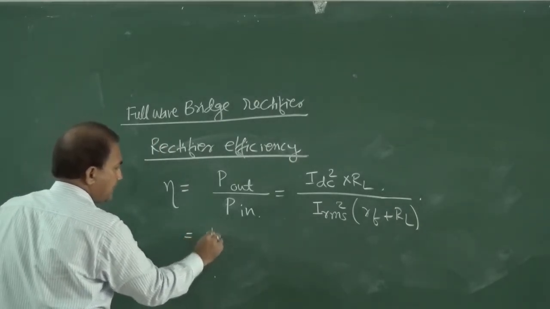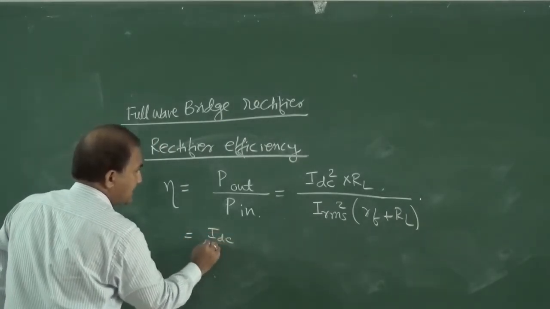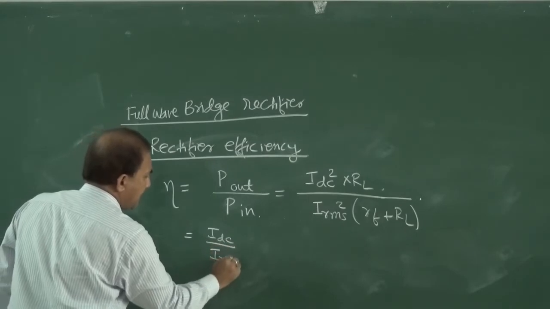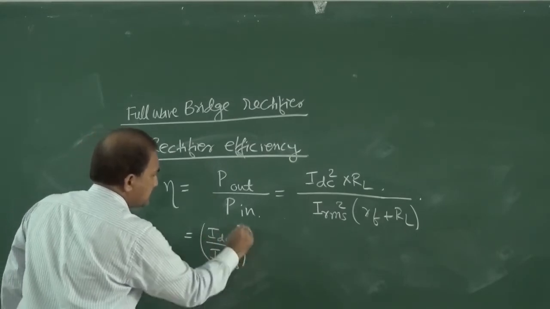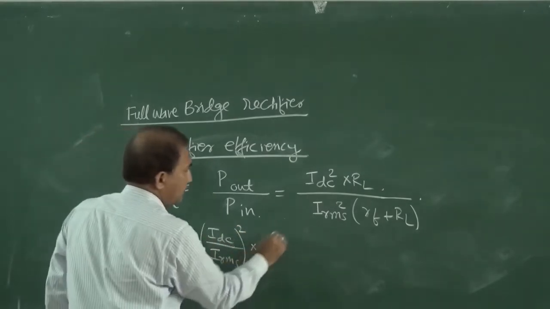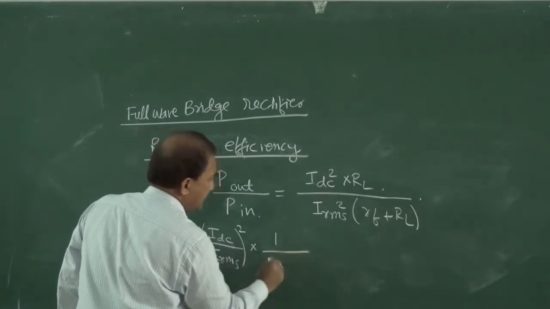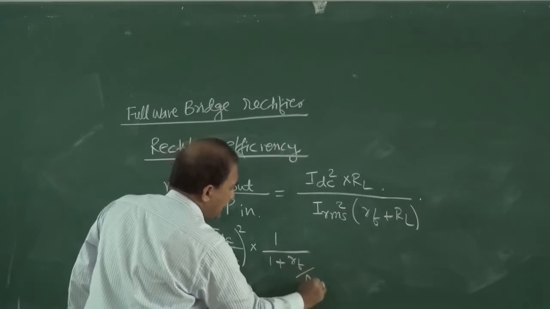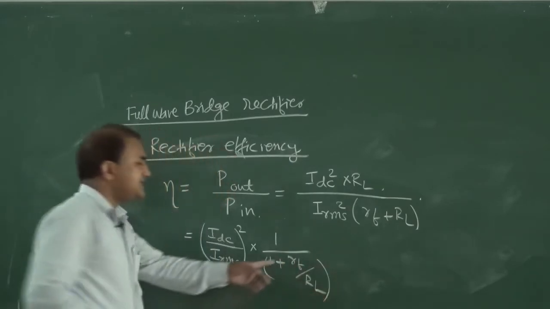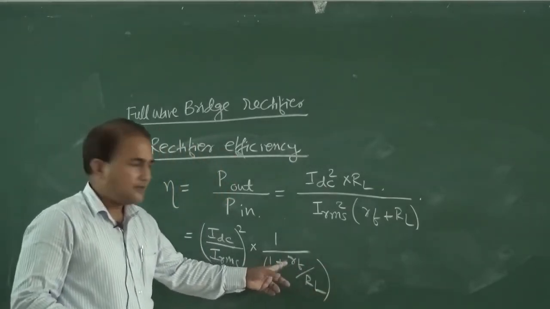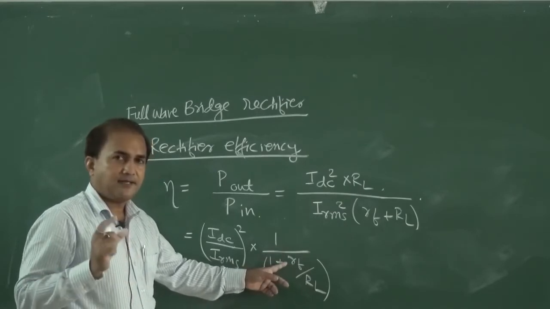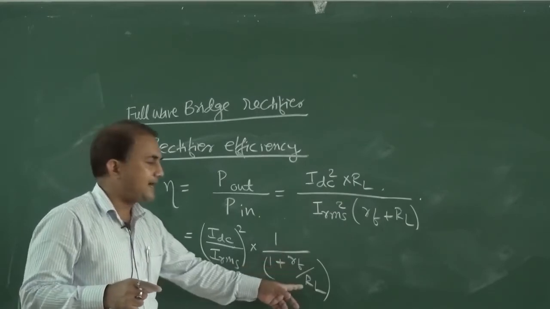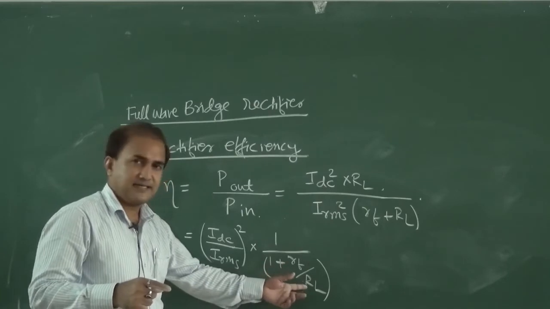So it is equal to (IDC by IRMS) squared into 1 divided by (1 plus RF by RL). What is this RF? RF is the forward resistance of the diode and RL is the load resistor.